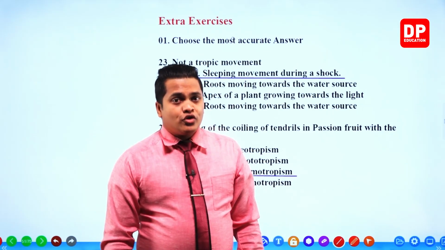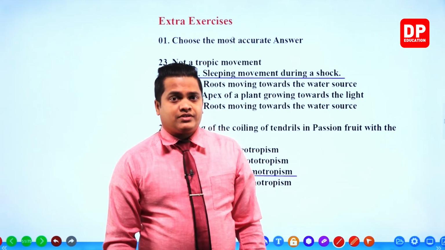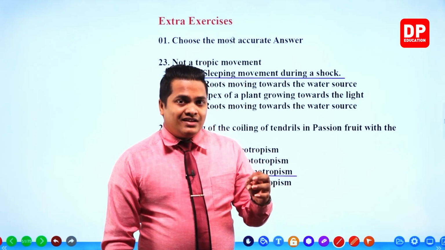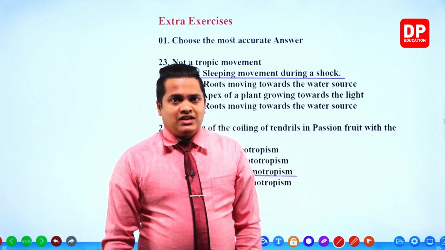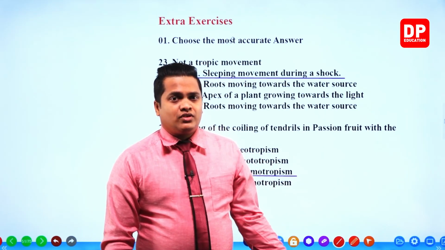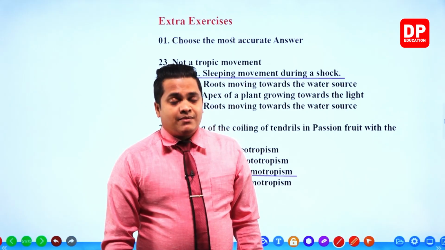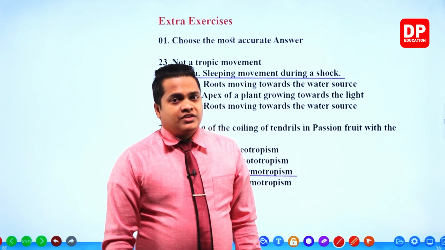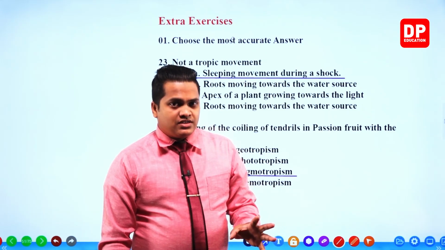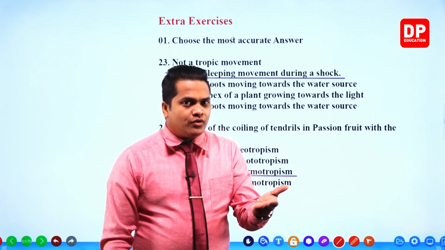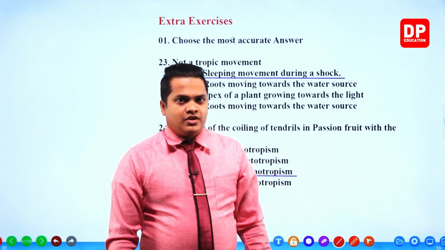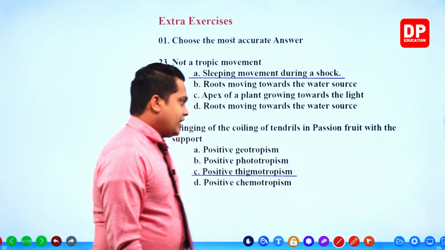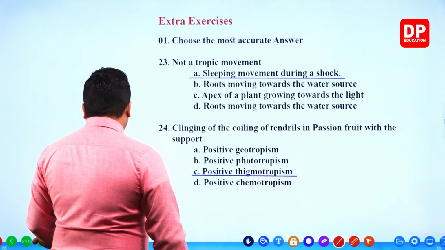So if you don't know the answer for a given question, especially for an MCQ, then remove the answers which cannot be an answer for the question. Then the remaining one should be the answer. Okay, so this is how to find out answers for a question that you don't know, especially in MCQs. Then the next one.